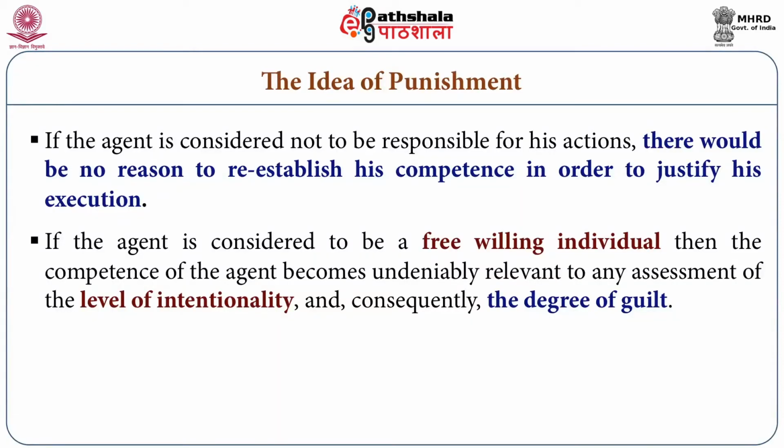Is the agent competent enough to be aware of the relationship between the crime committed, the act, and the punishment meted out? If the agent is considered to be a free-willing individual, then the competence of the agent becomes undeniably relevant to any assessment of the level of intentionality and consequently to the degree of guilt.